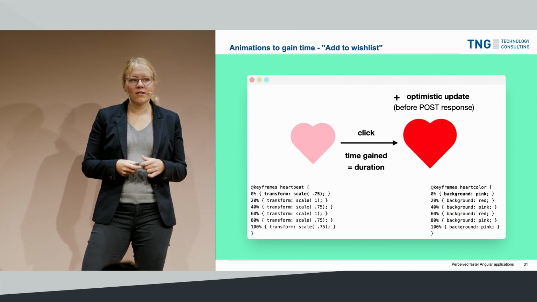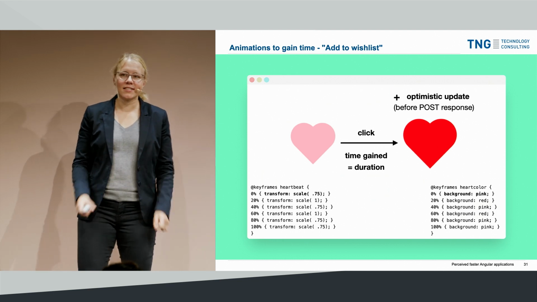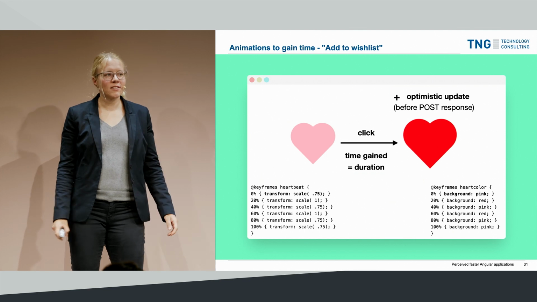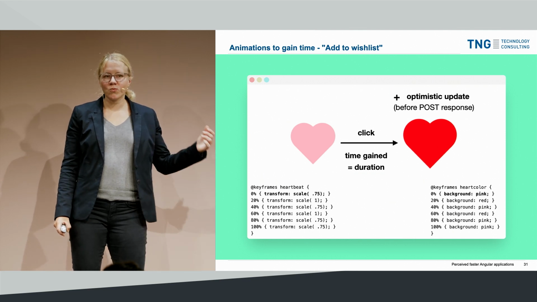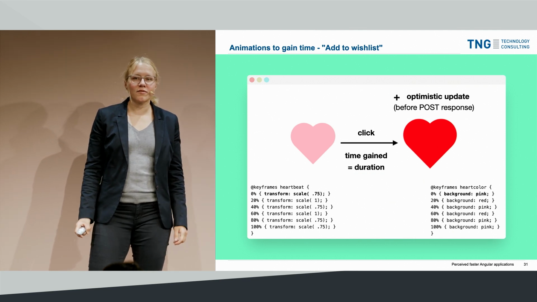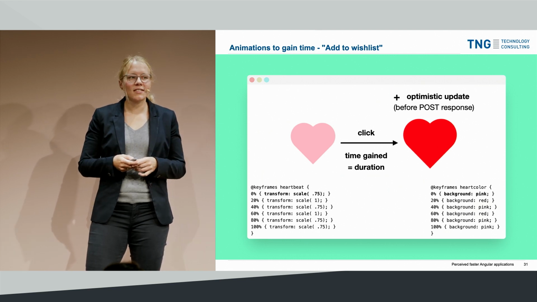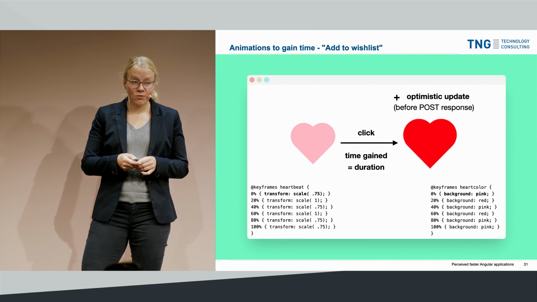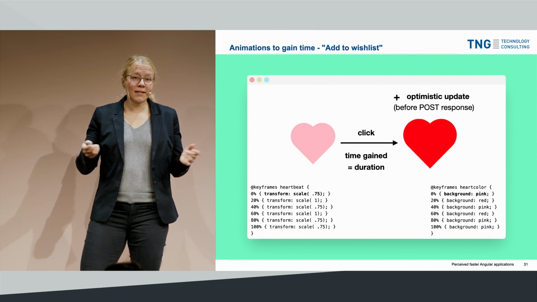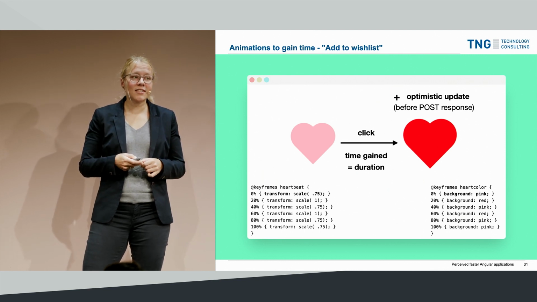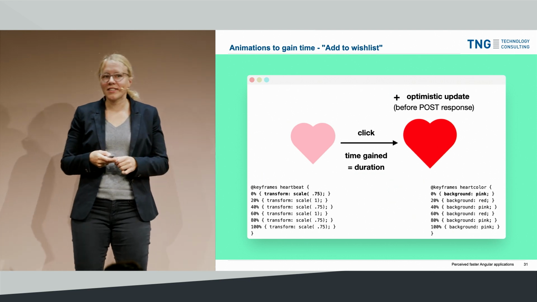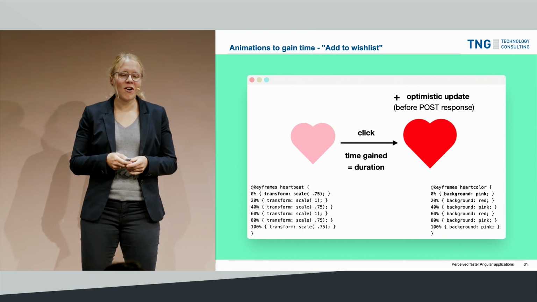So what we can do here in our front end is an optimistic update. We believe it's going to happen, and we will not wait for the post response of our backend and assume it worked and keep the wish list active to let the user know it worked. Some websites use it, like, for example, the like button on Facebook. So this is a common pattern.